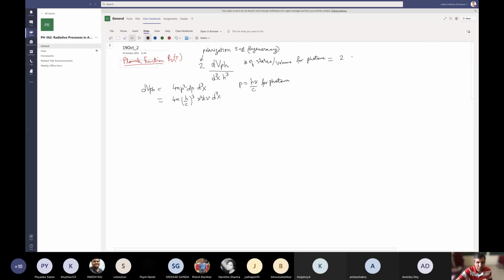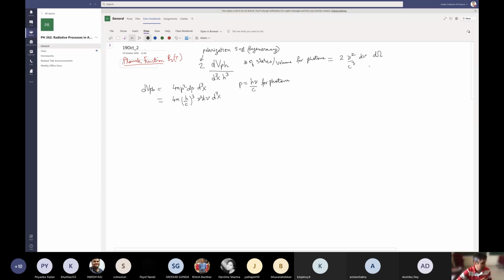So this is equal to 2 times nu squared by c cube d nu d omega. I'm just calling 4 pi as d omega if we are considering a small solid angle.